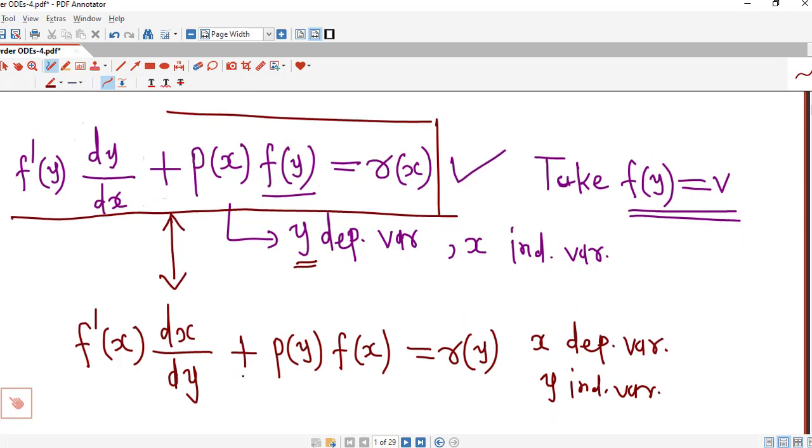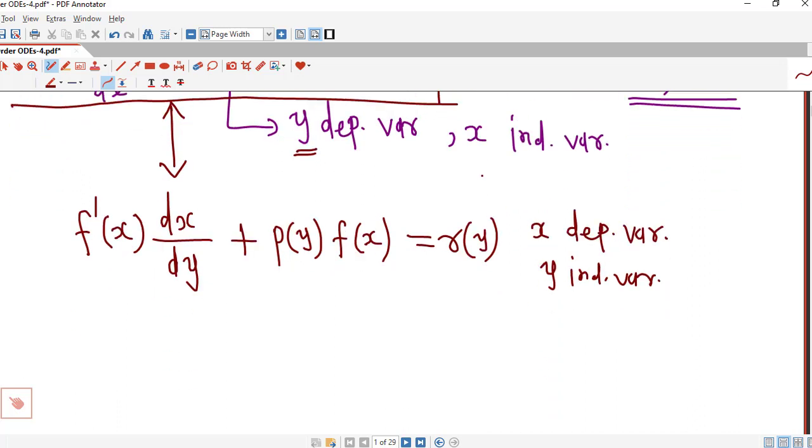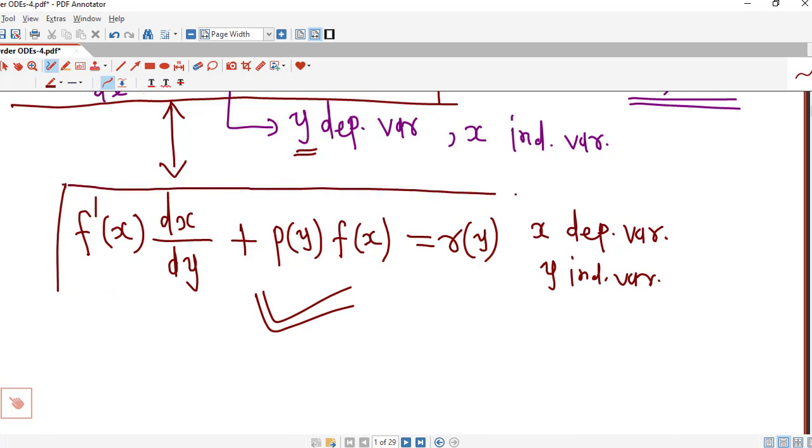So if our differential equation is not in the first form, we can check whether it is in this form. If our differential equation can be written in this form, then the method is also the same. We will assume f(x) equal to some other variable, say v.